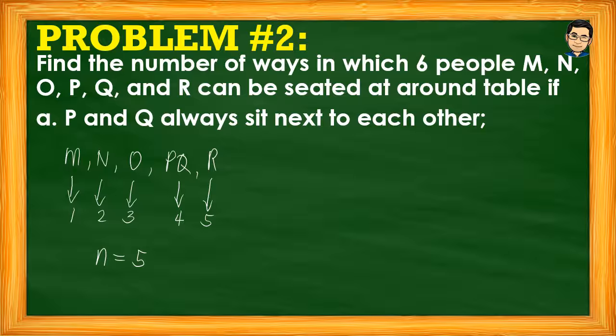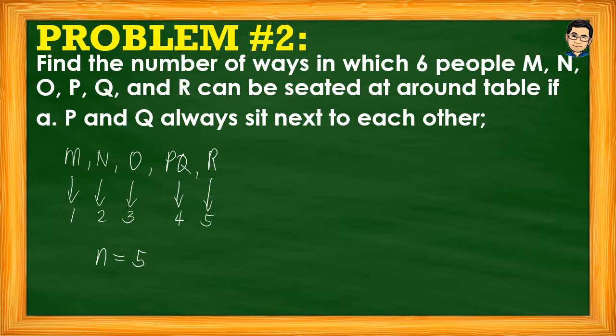Now, since si P and Q magkatabi sila, pwede pa rin po naman silang magpalit ng lugar. So pwede natin silang i-arrange in 2 factorial ways. Mauna si P, tas Q, o kaya naman Q, P. So paano ang ating solusyon?